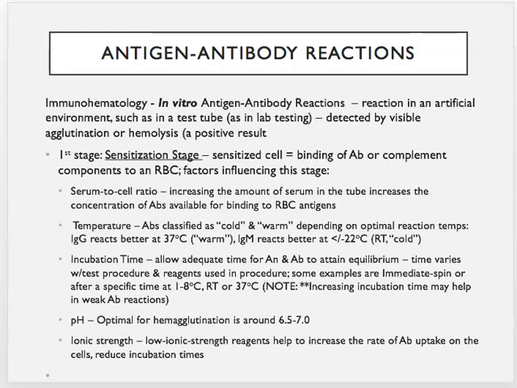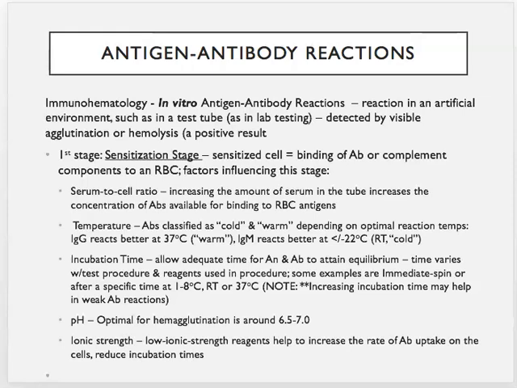Immediate spin is done at room temperature, or it could be at 37 degrees. If we increase the incubation time, it could help with weak antibody reactions. If we do that immediate spin, which means there has not been an incubation step yet, and we see what we think might be an antibody reaction trying to form, if we incubate it and then look for that agglutination reaction again, it might be stronger.